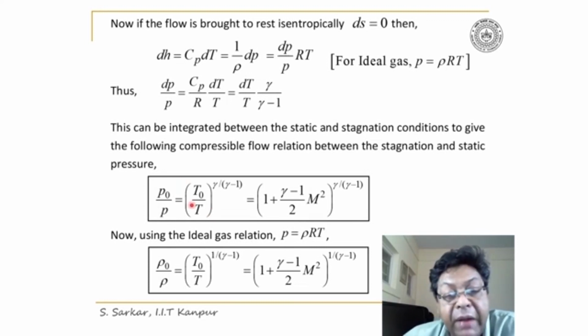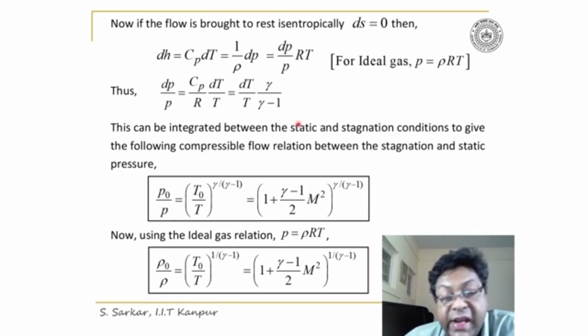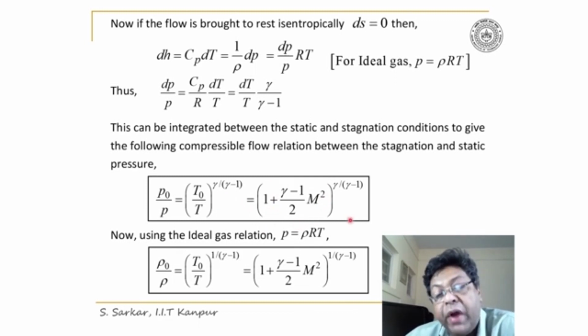Now again, I have already shown T0 by T is equal to 1 plus (gamma minus 1) by 2 M squared. Thus I can write P0 by P is equal to (T0 by T) to the power gamma by (gamma minus 1), which is equal to, within the bracket, 1 plus (gamma minus 1) by 2 M squared, raised to the power gamma divided by (gamma minus 1).